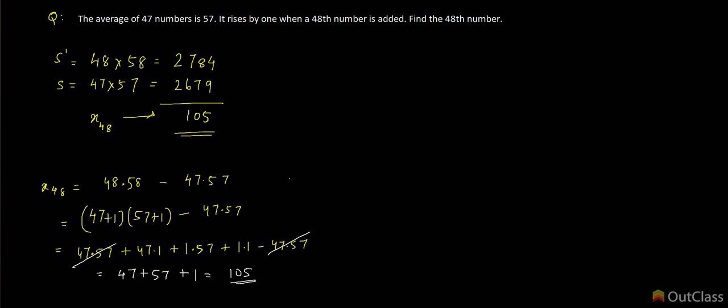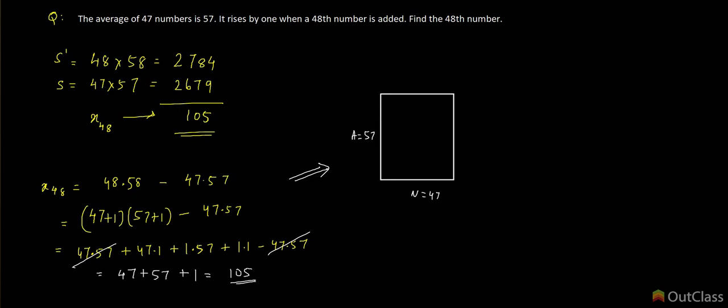But the same thing can be shown visually. I mentioned that you can use a rectangle with length and breadth standing for n and a, so that the area would be your sum. So if I have n equal to 47 and a equal to 57, this rectangle's area represents the sum before the new number is added.